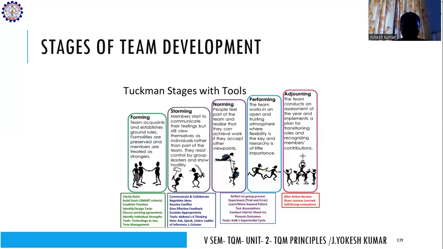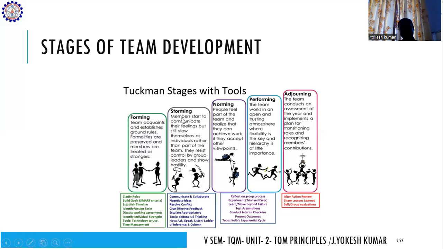During the forming stage, they clarify the roles, build the goals, then establish the timeline for each goal, then identify and assign the tasks for the given goals. Then the tools and technology to be used, and time management, everything will be fixed in the forming stage.